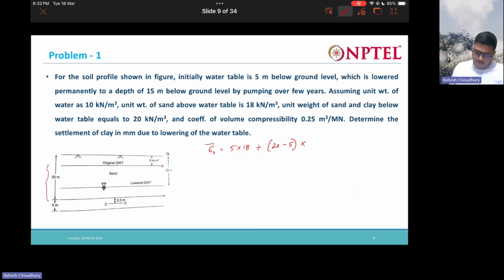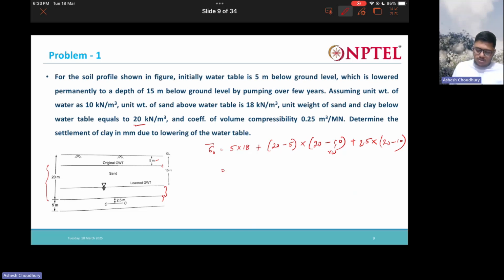The unit weight of sand and clay below the water table is 20, and the submerged weight is 20 minus 10, where 10 is the unit weight of water, gamma W. Plus this much, 2.5 times 20 minus 10.